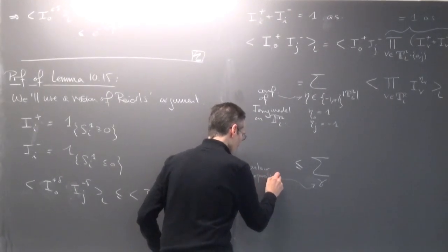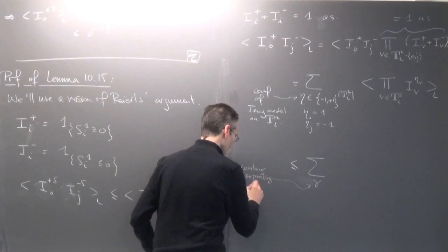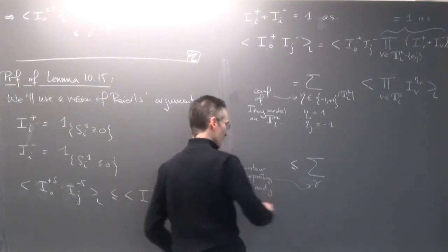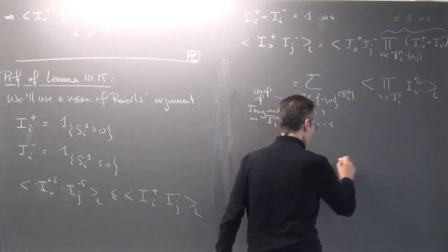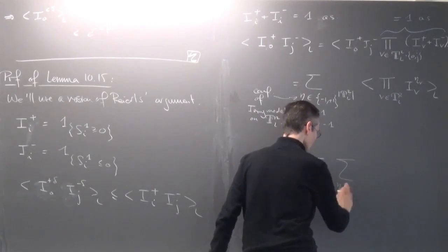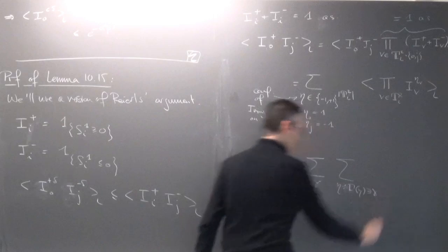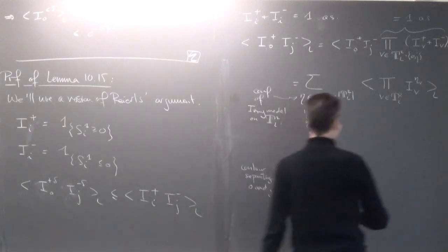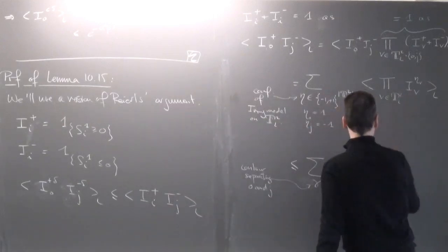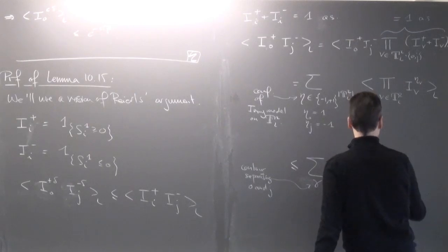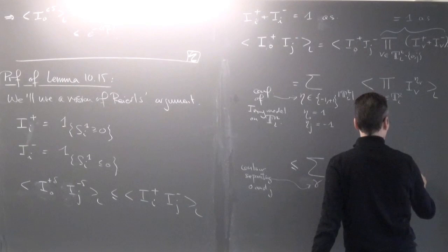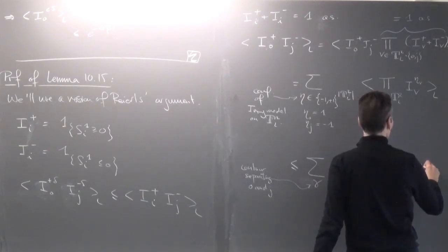I will say what I mean by separating in a second. Sum over gamma, sum over configurations eta such that the contour of eta contains the contour gamma, and then this expectation, product over V in T2 L of I V eta V.